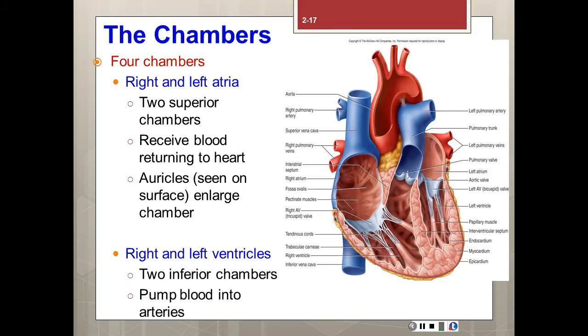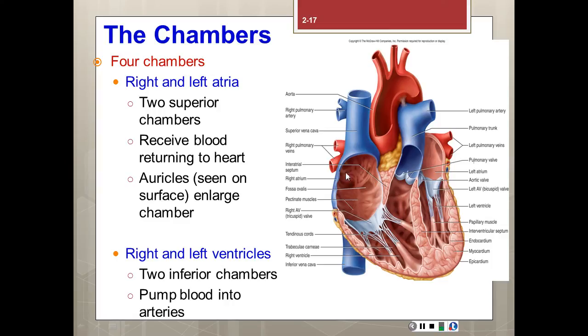Now, the 2 lower chambers are the inferior chambers, the left and right ventricles, and those are the pumps. They're going to eject the blood into the arteries. The right ventricle constitutes most of the anterior aspect of the heart. This is my right one.